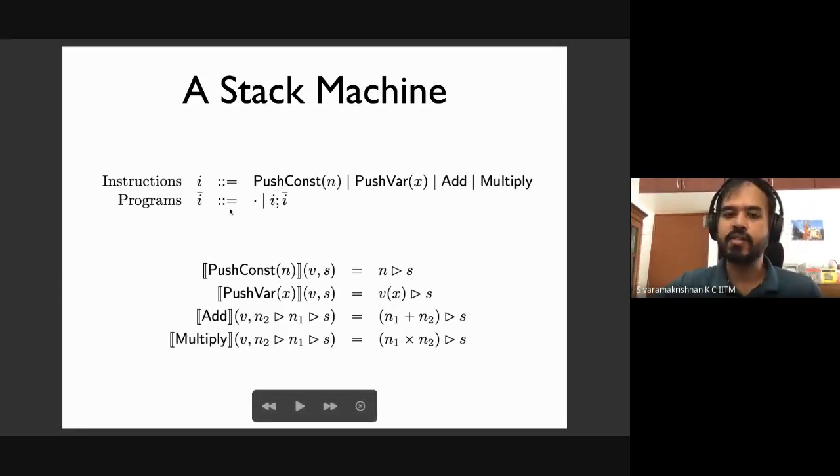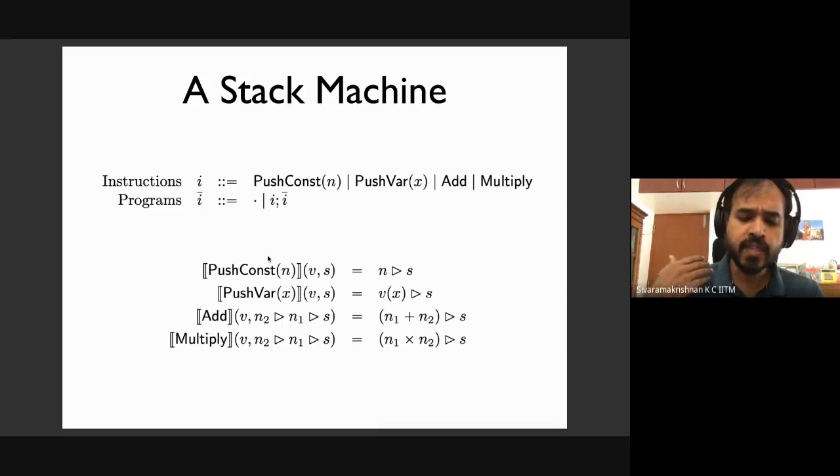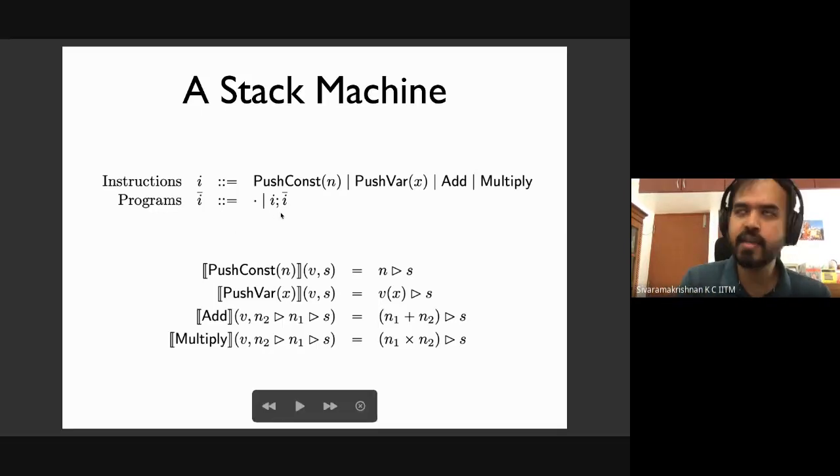Okay, so this is an empty list. And when we write this, it's just a head and a tail. Okay, and how do you execute a program which is a list of instructions? We give semantics for executing individual instructions, right?